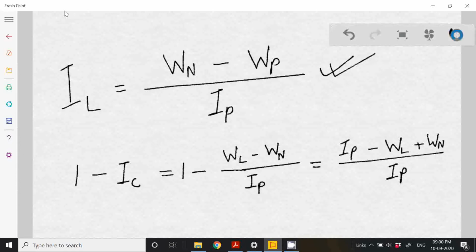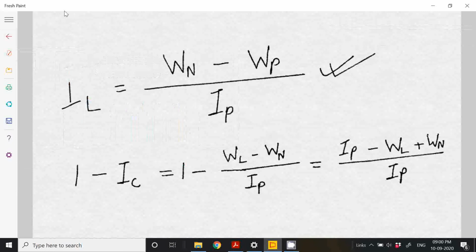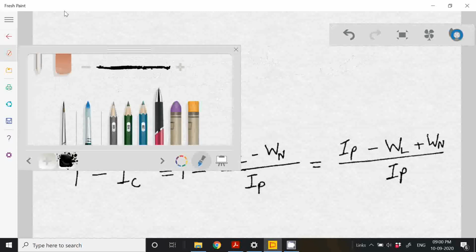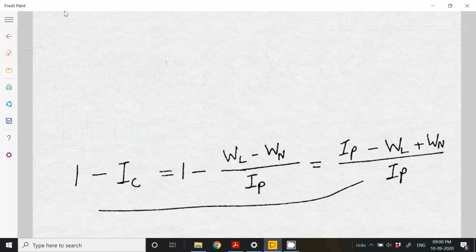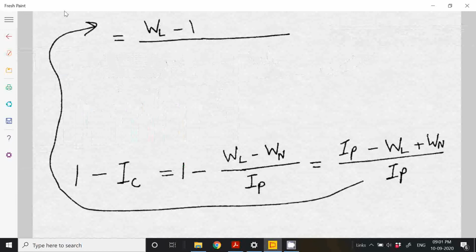So again, if I try to simplify it more, it becomes equal to IP we know, liquid limit minus plastic limit, isn't it?